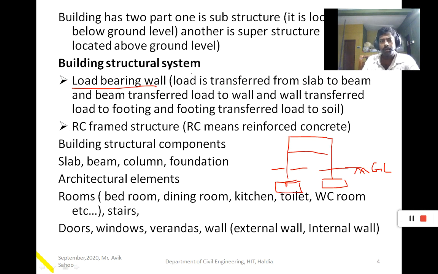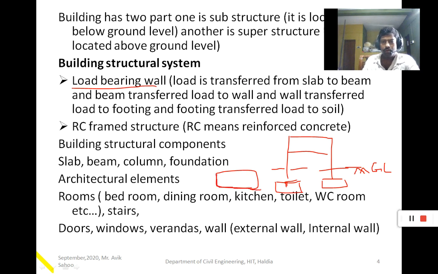The load is transferred from slab to beam. The horizontal portion on the floor is called the slab, where people are working, occupants are on the slab, and furniture is on the slab. So this load is transferred to the beam.